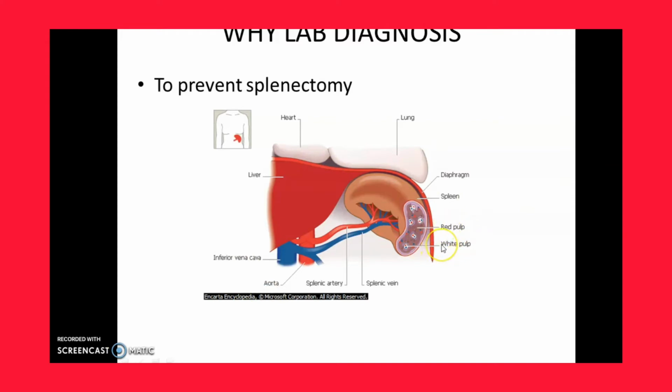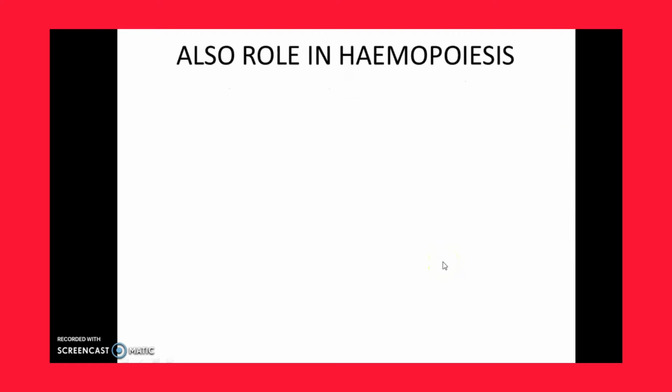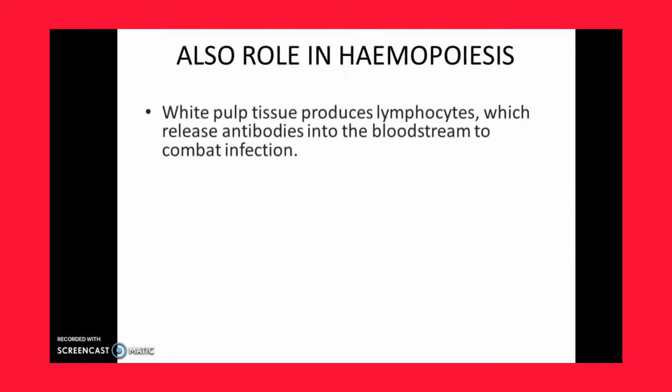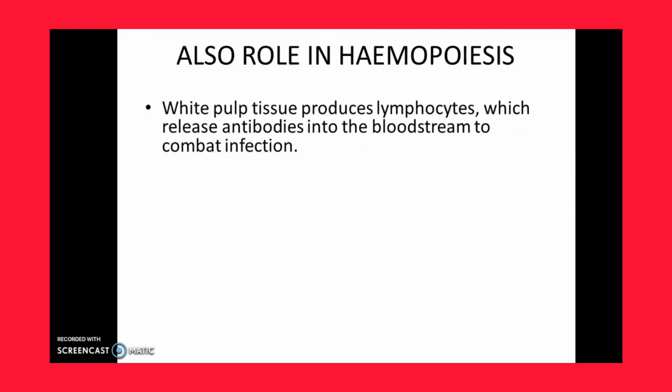The white pulp serves a different purpose from the red pulp, and the spleen itself is a reservoir, as could be seen in the role of hemopoiesis. The white pulp tissue produces lymphocytes, which release antibodies into the bloodstream to combat infection. When you have any infection, the spleen plays that role to quickly remove it and get you well again.